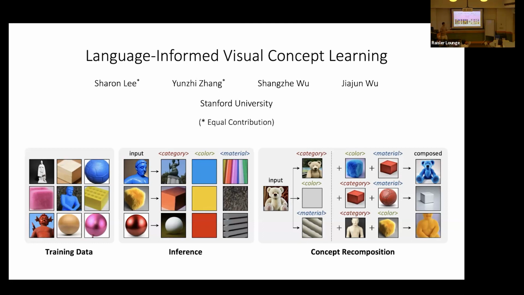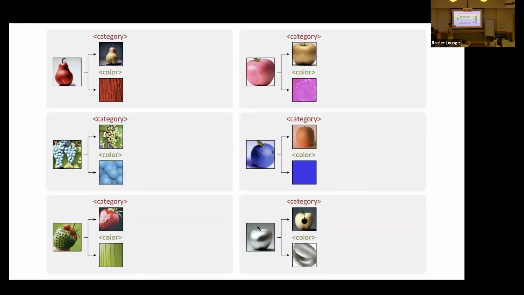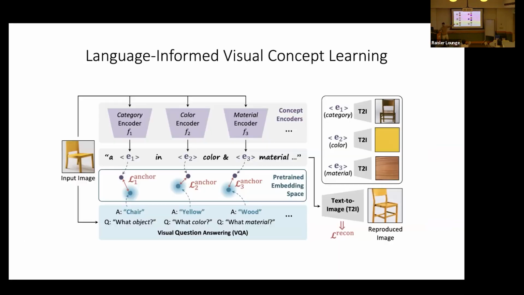Here we're exploiting diffusion models, and train this framework with a similar reconstruction framework, but instead of using a graphical renderer, we use these diffusion image generation models as a rendering engine. Here are a few encoders that we train with the model: category, color, material, or more, like style.